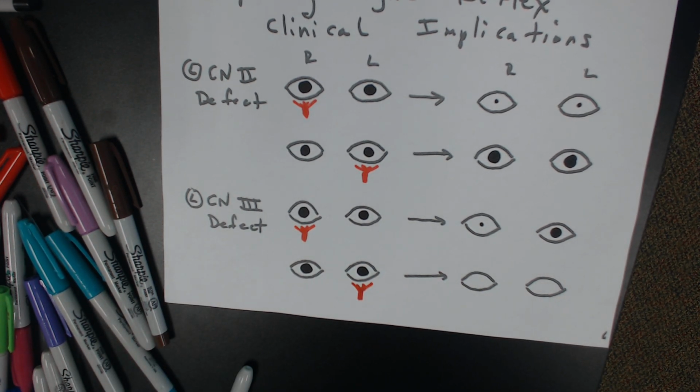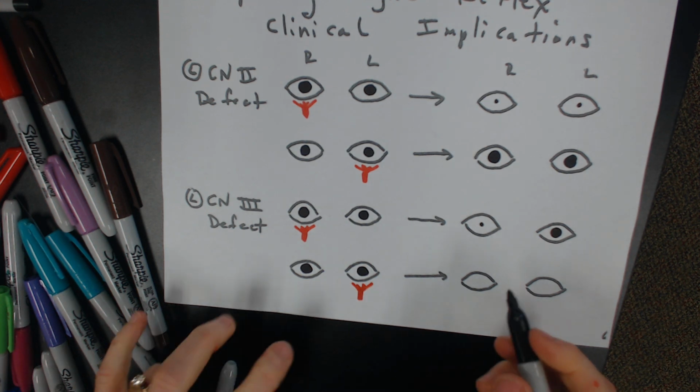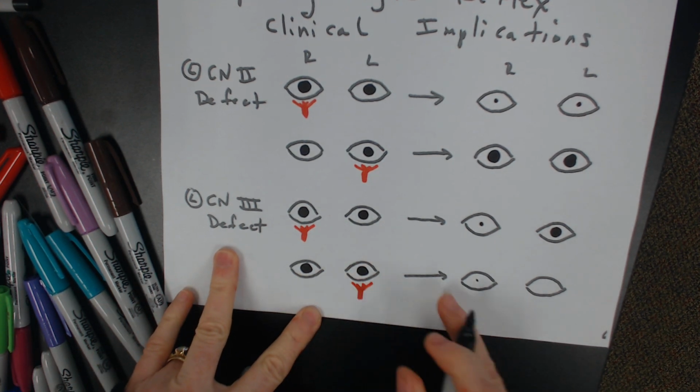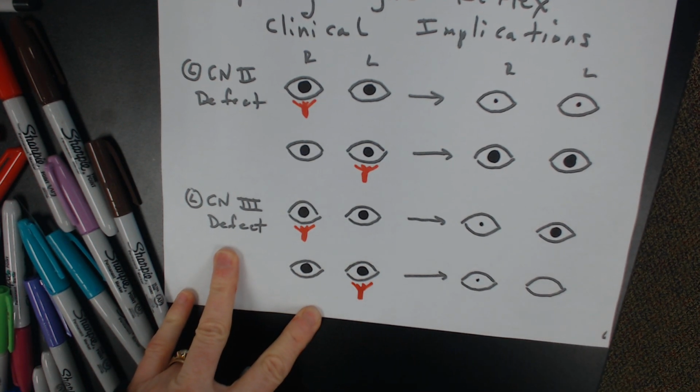What would I expect in the right eye? Cranial nerve 2 is intact. Cranial nerve 3 on the left is blown. What would I expect in the right eye? Right constriction, right? Everything on the right side is still intact. So this is the consensual response that I'd expect to see.